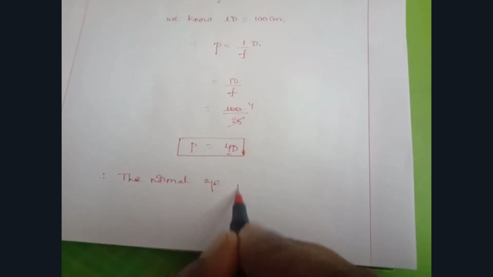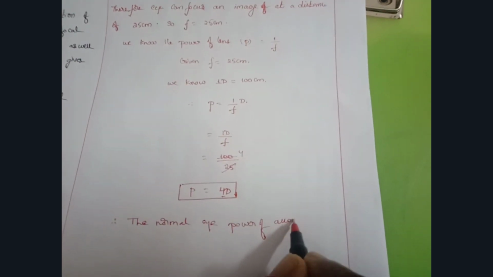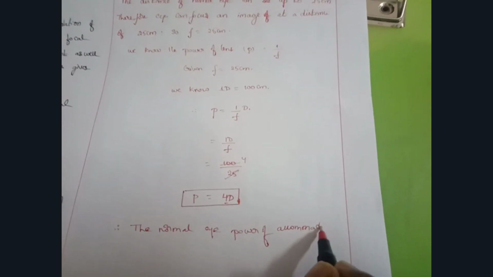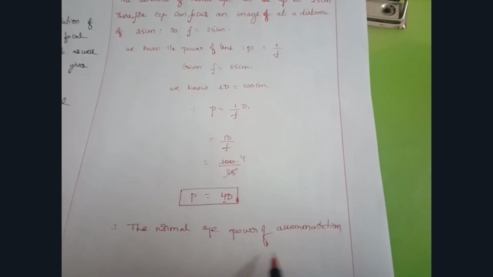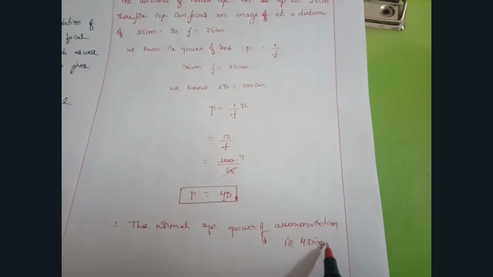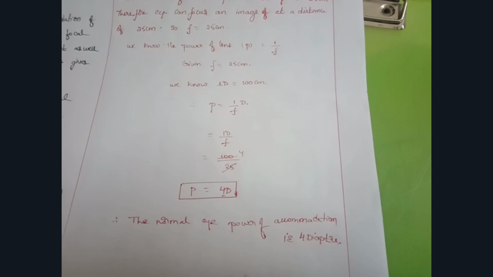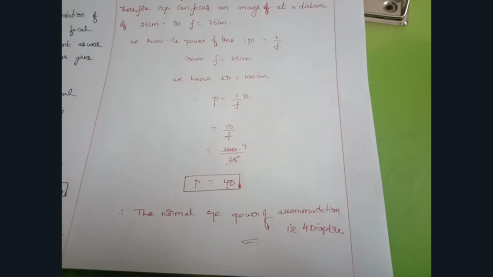Therefore, the normal maximum power of accommodation of the eye is 4 diopters. Thank you.